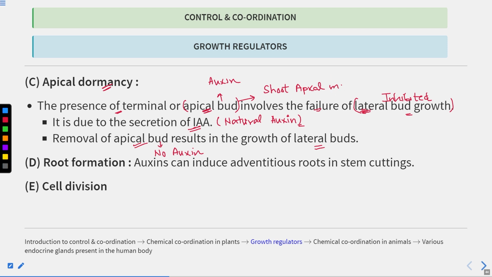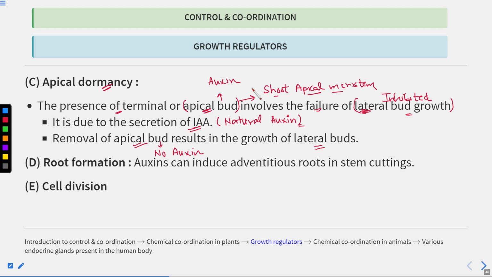We have seen in the previous class that auxins are secreted in the apical meristem, either the shoot apical meristem or the root apical meristem. They are also produced in the young leaves. Now the removal of the shoot apical meristem will result in the growth of the lateral buds, because there will be no auxin production.